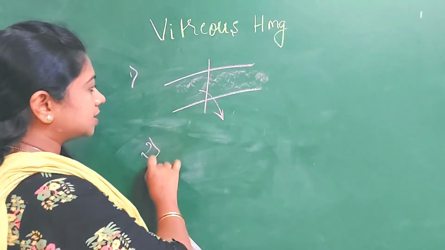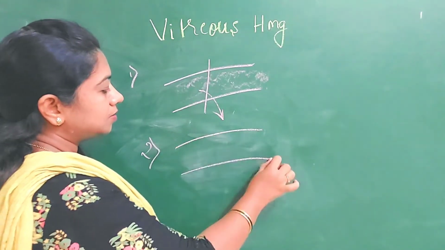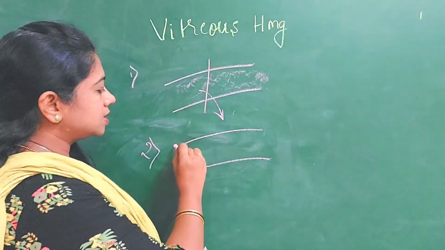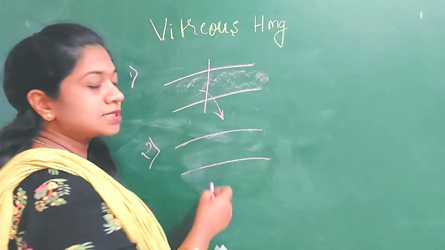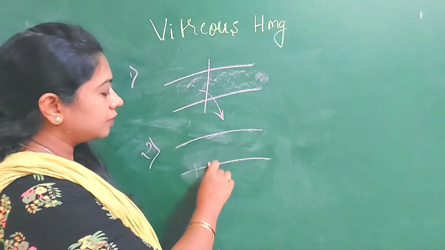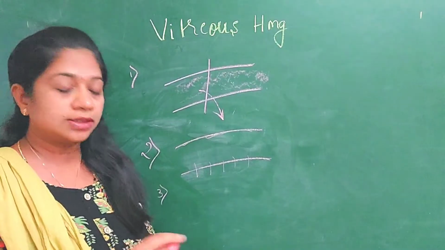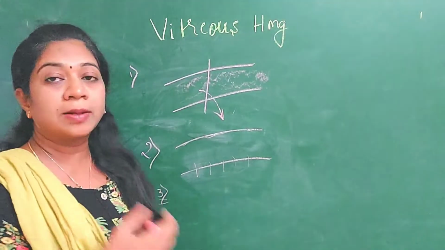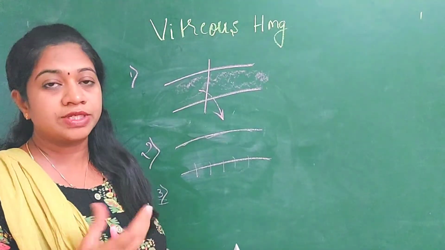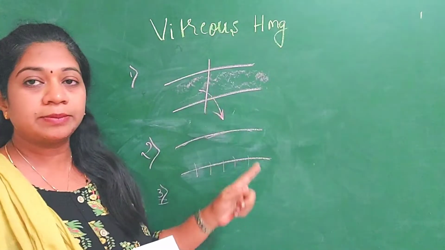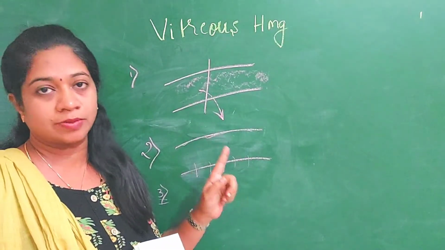The second is that the blood vessel itself is abnormal. Then the vessel wall is weak, hence it will give way, or there can even be a micro leak from the vessel wall, leading to vitreous hemorrhage. The third is that there can be a bleed in an adjacent structure which can seep into the vitreous cavity. These are the 3 main mechanisms by which vitreous hemorrhage occurs.